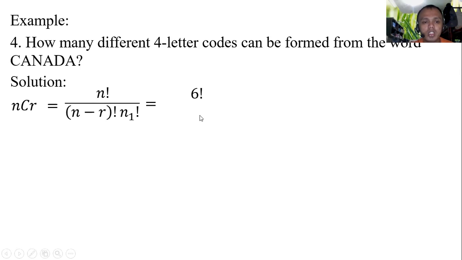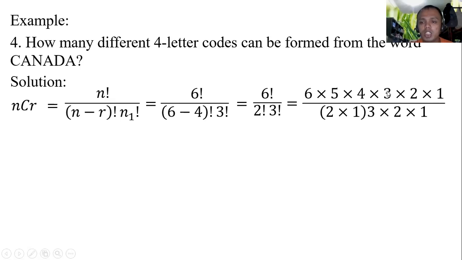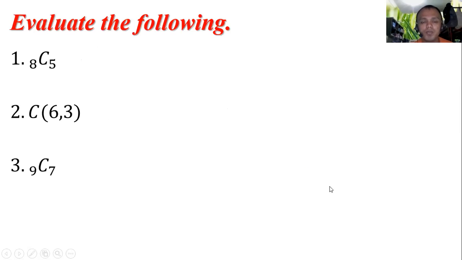Your n here is 6, your r is 4, then your n sub 1 is 3. The n sub 1 talks about the repeated letter here, which is A. A appears 3 times, so we have 3 factorial here. This is what you do when there are repeated letters. Then we have 6 factorial over 6 minus 4, which is 2 factorial, times 3 factorial. Then expand and cancel out the 3 factorial. 6 times 5 times 4 is equal to 120. 2 times 1 is 2. 120 divided by 2 is 60. So we have 60 ways here.